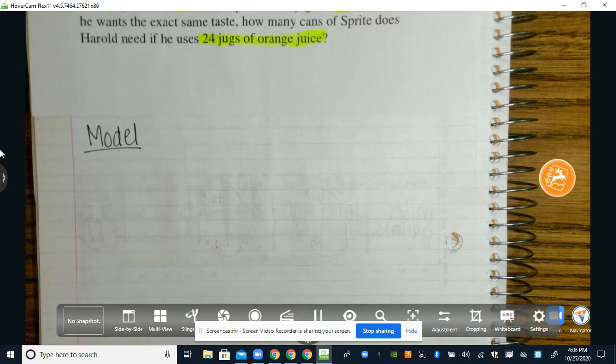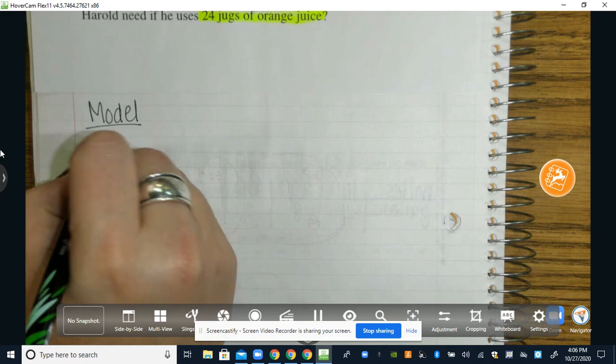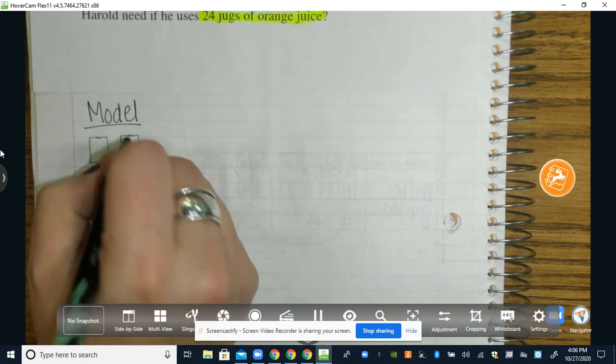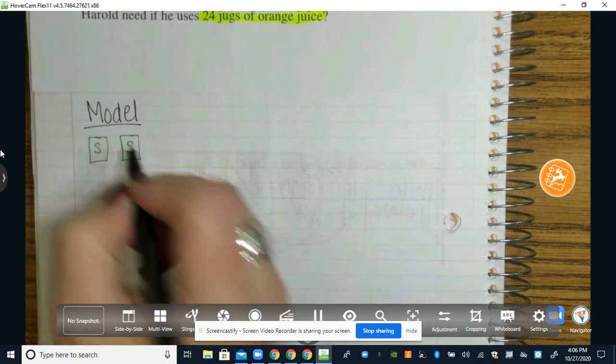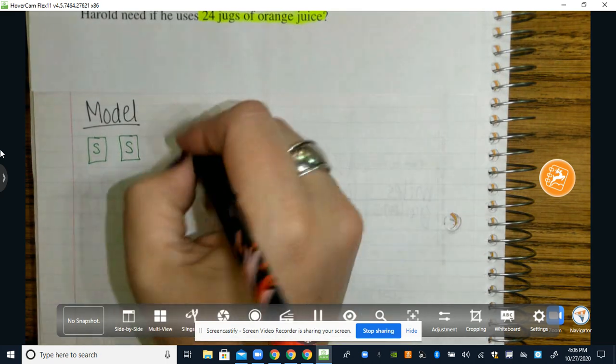So I know in my question, I have 2 cans of Sprite. So I'm going to do 2 cans of Sprite. Just kind of going to draw a little rectangle. So I have 2 cans of Sprite. And for every 2 cans of Sprite, I need 8 jugs of orange juice.